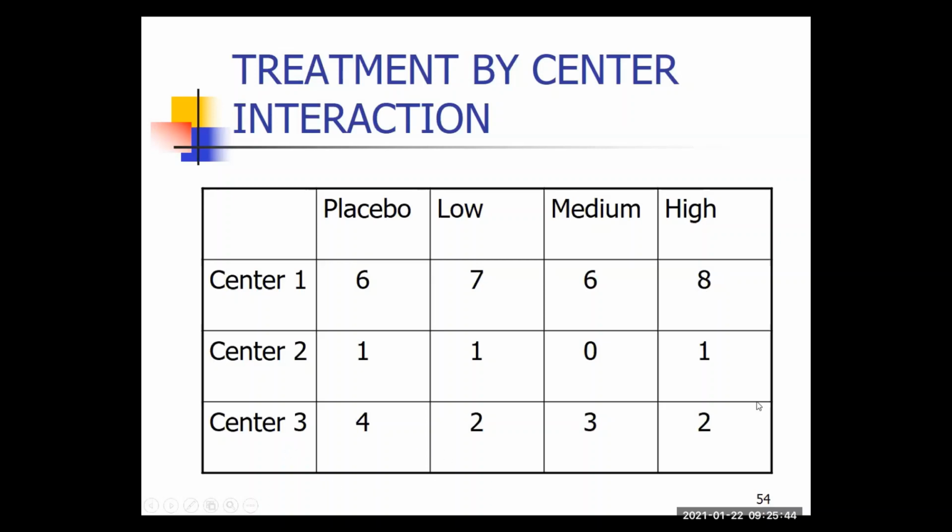Center 3 is okay. We still have a few patients in each treatment group. But center 2 is a slow recruiter. By the time we complete the study, they recruited only 3 patients. So we got a zero cell problem. Of course, when we have a zero cell problem, then the treatment by center interaction is not estimable. So we can imagine the more doses you have, the more likely you're going to have a zero cell problem.